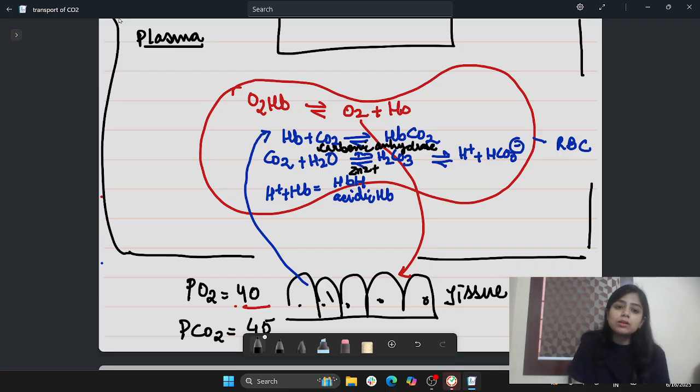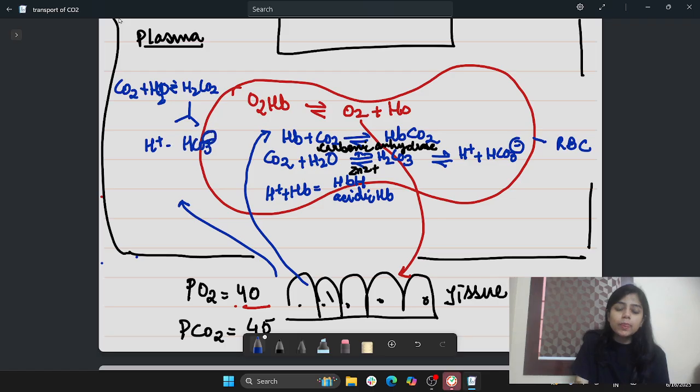So what happens here? The same process of CO2 will also happen here. CO2 binding with H2O to form what? To form H2CO3. That will again dissociate into H+ as well as HCO3- ion.